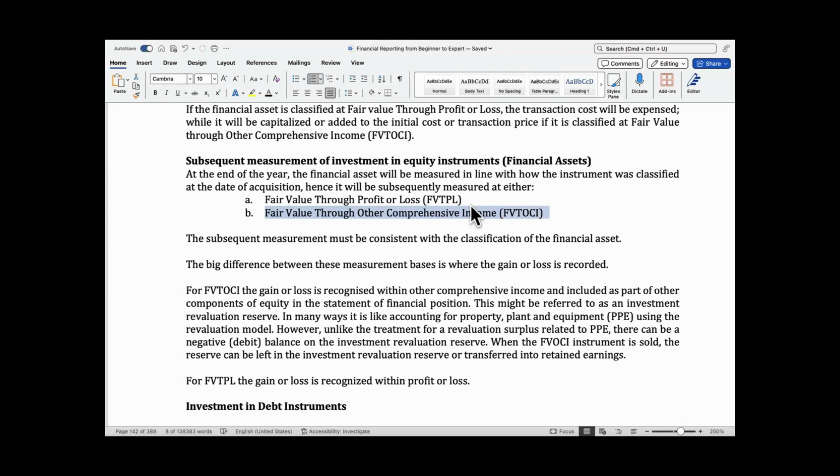Where are they recorded? From the names, you would know where they will be recorded. Fair value through P&L means that any changes in fair value should be recognized in P&L. Fair value through OCI means that any changes in fair value should be recognized in OCI.